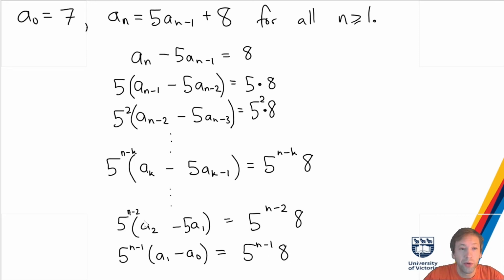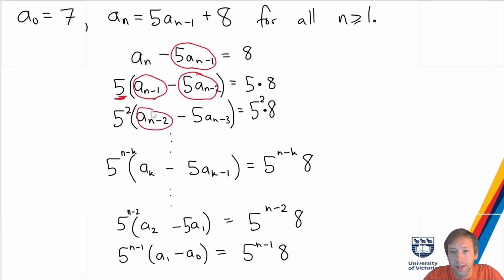Okay, so if you think about it, when you sum this all up, this is going to cancel with this because I've got a 5 out in front. This whole thing is going to cancel with this because it's going to be 5 squared, a_{n-2} on the second line, and I've got a 5 squared here, and so on and so forth.